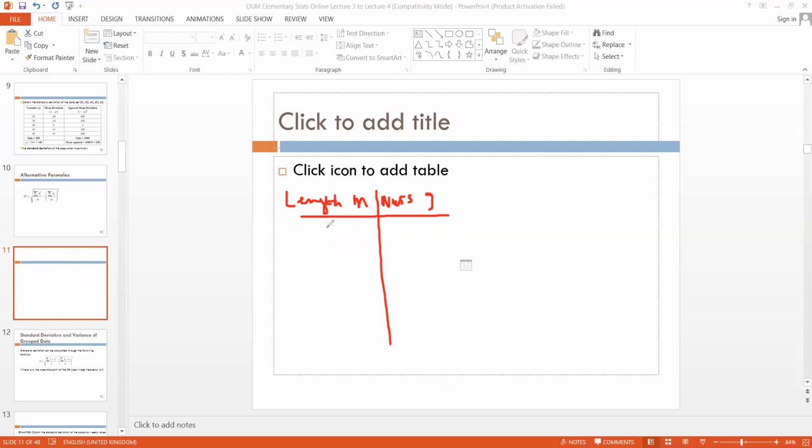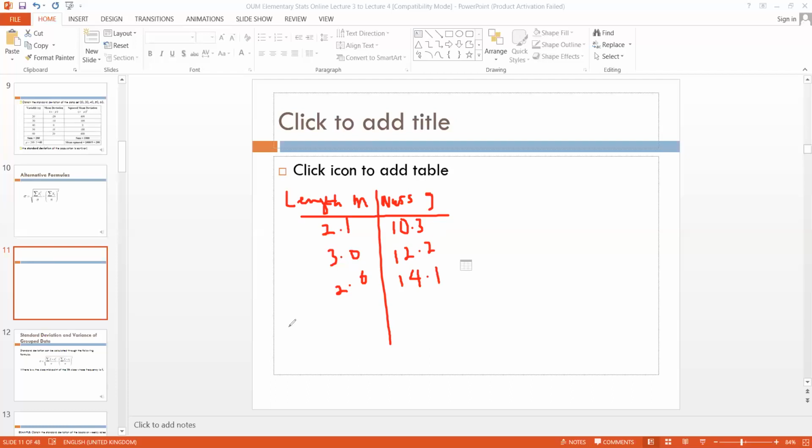For the length I have 2.1, 3.0, 2.6. Then for the mass, we have 10.3, 12.2, and 14.1.